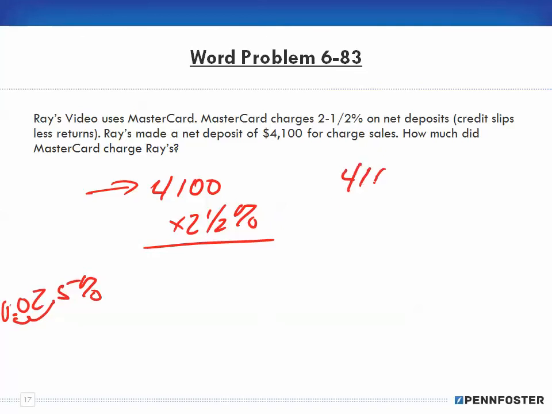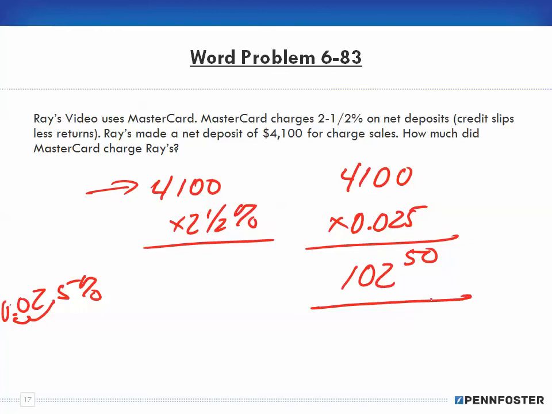So that's 4,100 times 0.025, and when we do the math, we end up with $102.50. That's the amount that MasterCard charges. Real simple, 2.5% of 4,100.